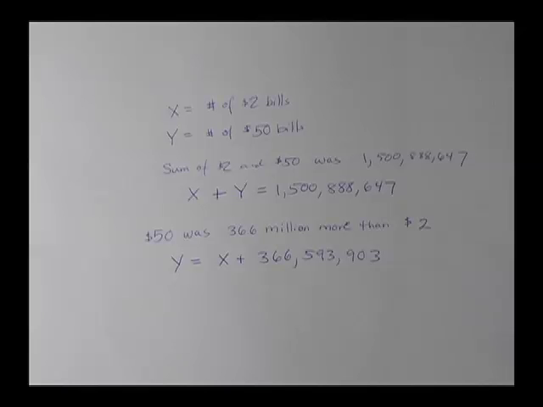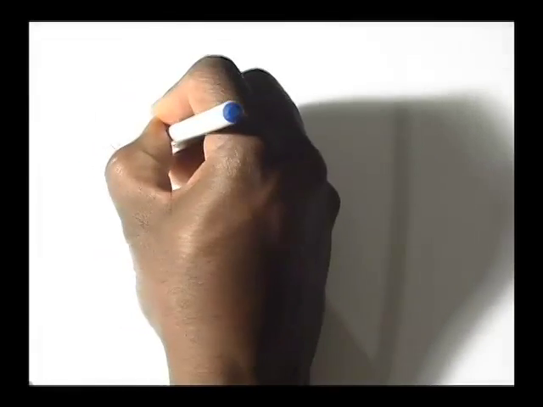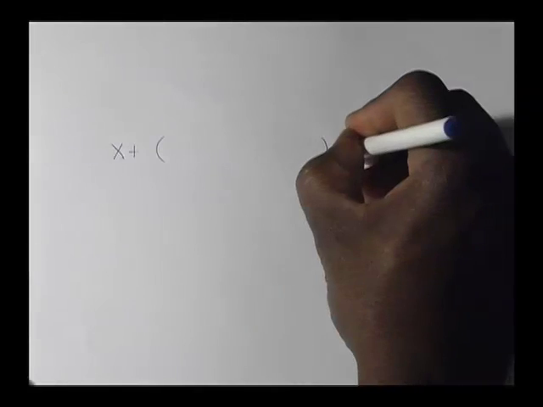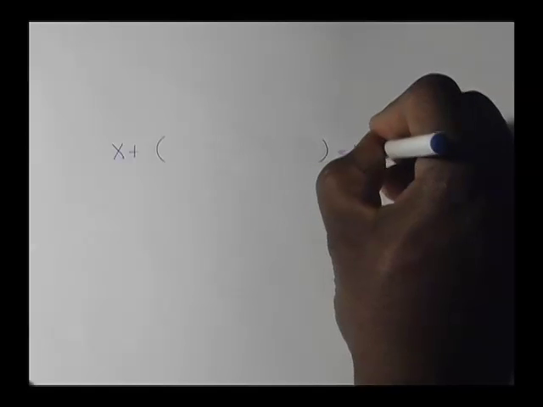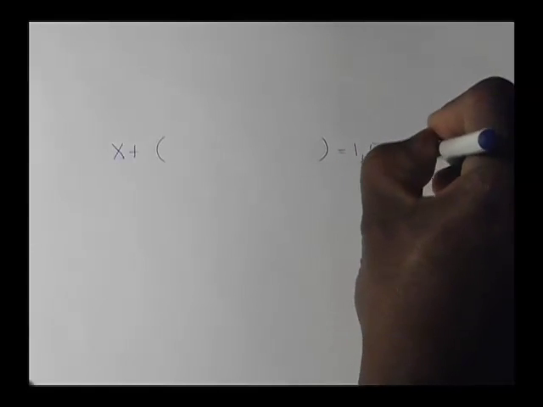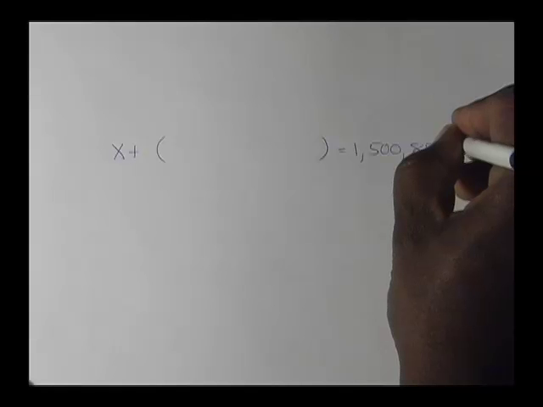We have our choice of how to solve this. It looks like it's set up pretty well for substitution since it's already solved for one variable, but you could use any method you want. By substitution, we want to take our equation for Y and substitute it into the equation for X. So we would have X plus whatever that expression was for Y, and it's going to equal 1,500,888,647.